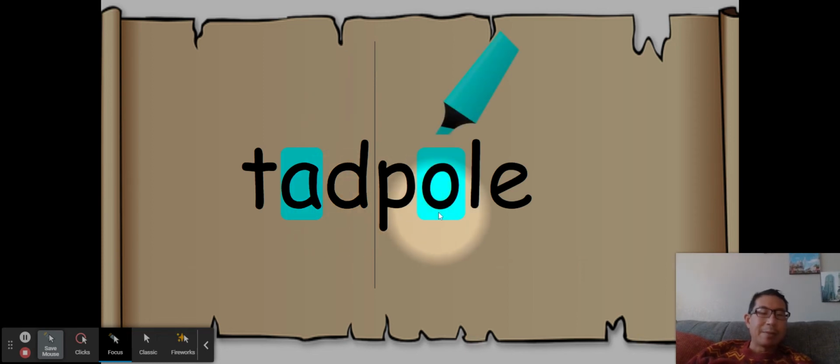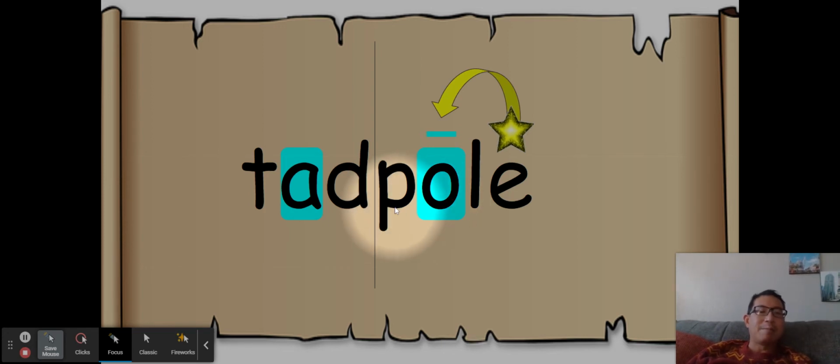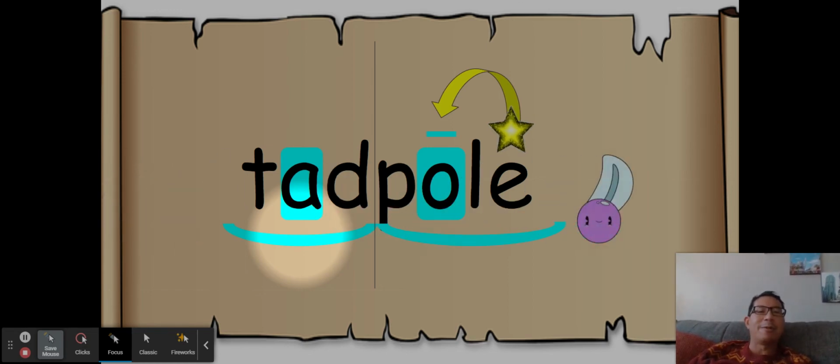There's an O. And usually this is O says ah, but because of that E at the end of the syllable, this is now O says O. Now let's blend it: p, o, pole. So now let's put the two syllables together: tadpole. Oh, how cute. A tadpole is a baby frog.